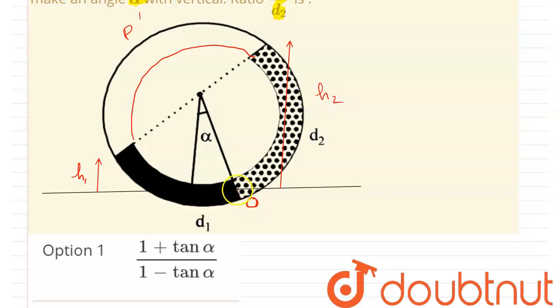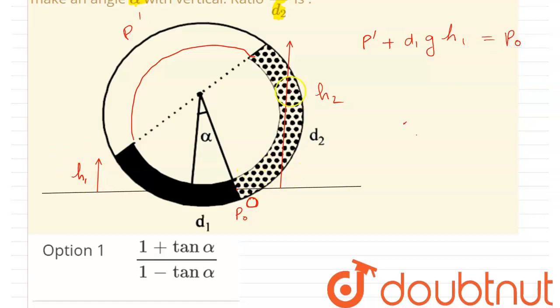If there is a pressure of P dash, then the pressure at point O, P naught, will be what? Let's write that. I will write P dash plus D1 G H1, where the density of this liquid is D1 and this height is H1, equals P naught.